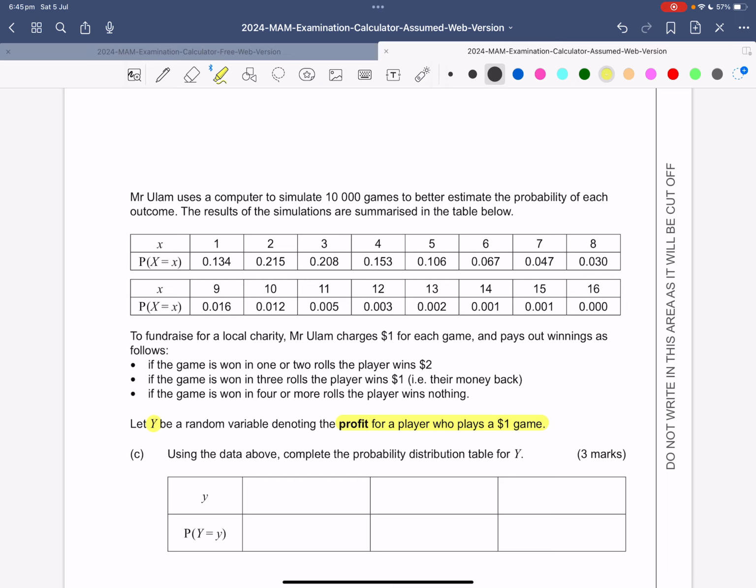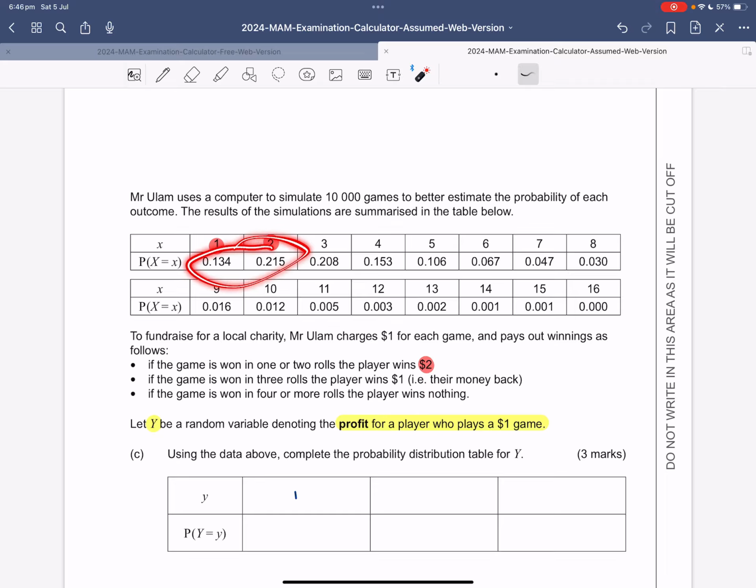Alrighty, so if the game is won in 1 or 2 rolls, the player wins $2. That would mean they have a profit of $1, since they already paid $1 to play the game. So we just have to add up these two probabilities.